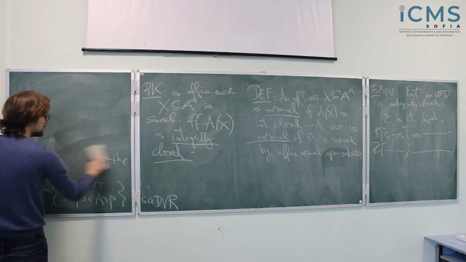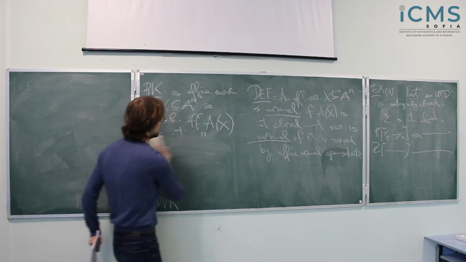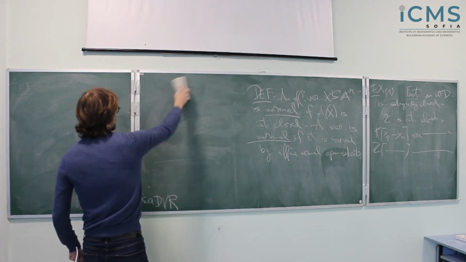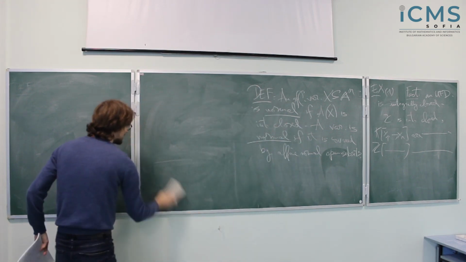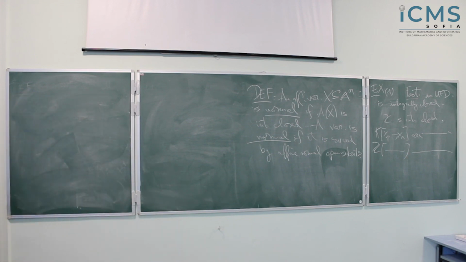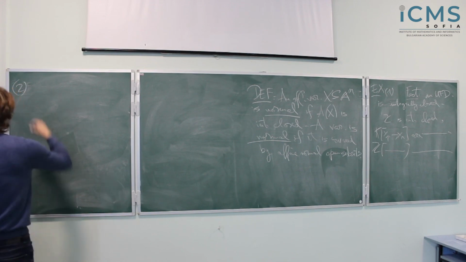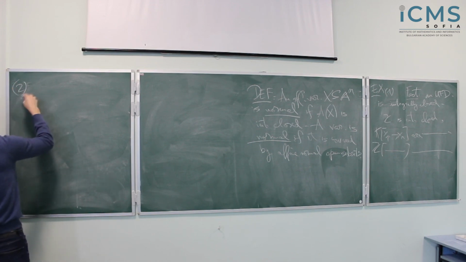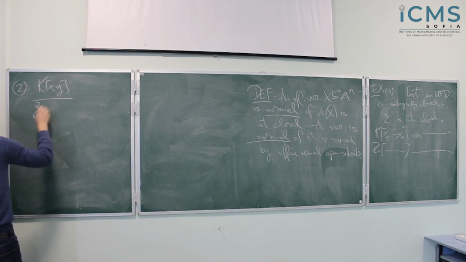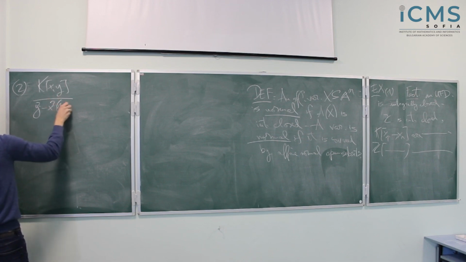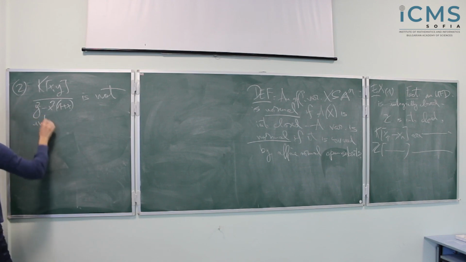Okay, so I'll give you an example of something which is not integrally closed. Since we have this characterization of smooth curves, I just need to take a singular curve, right? So this ring is not integrally closed.